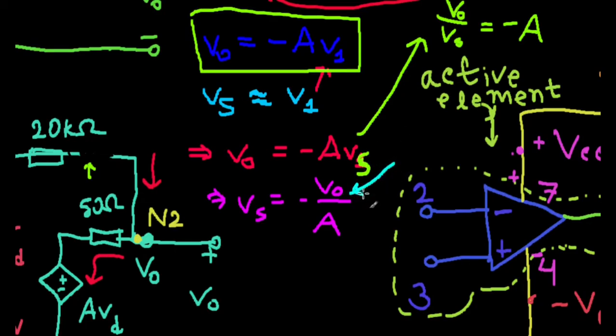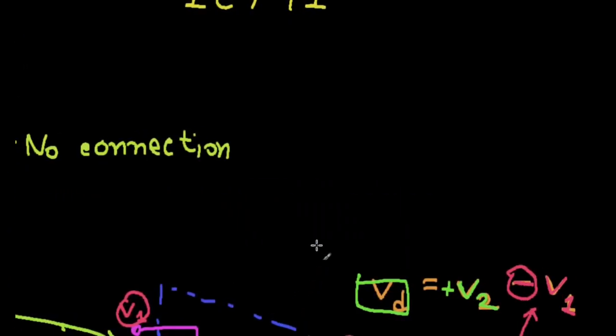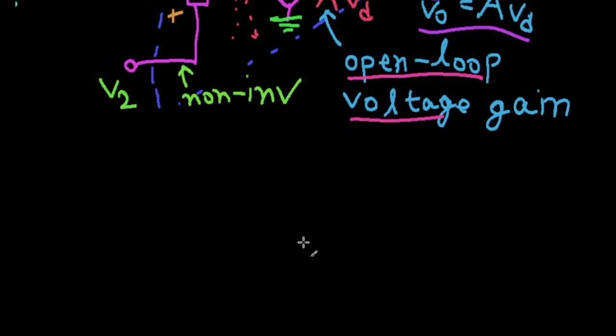The maximum range for V naught is limited by your power supply.